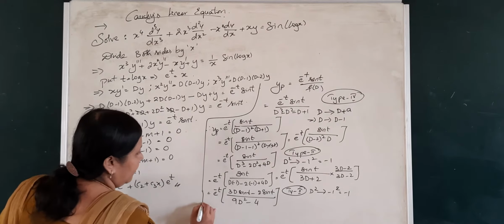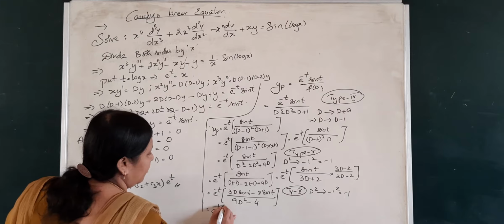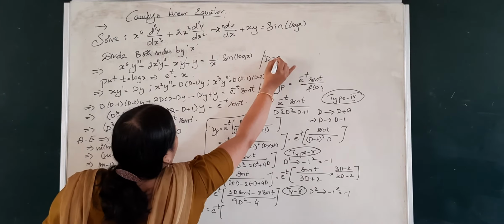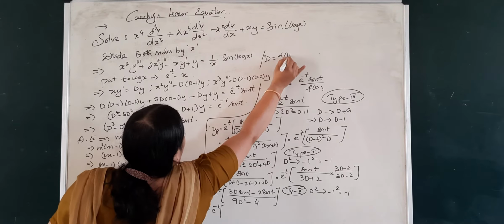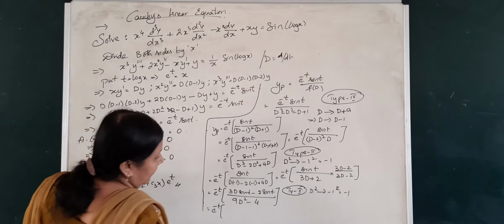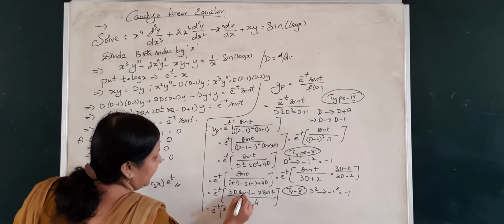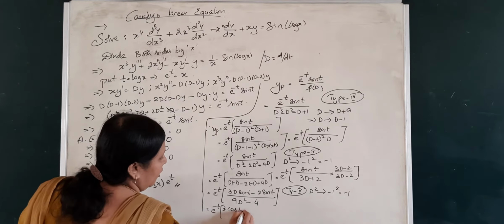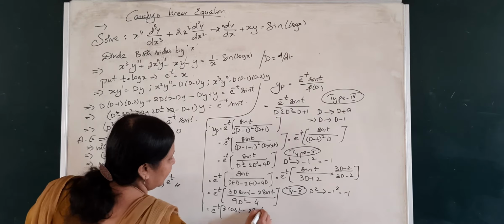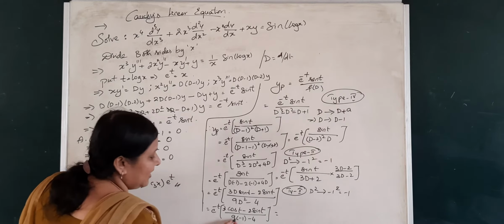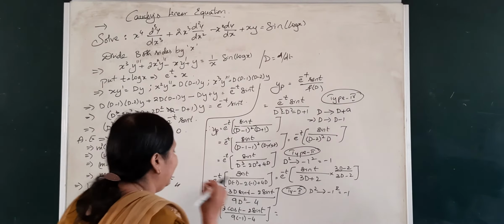Once again here, but at the same time in the numerator I have to differentiate it. Here we should remember always d is equal to d by dt. So differentiating with respect to t, the derivative of sin t is cos t, minus 2 sin t as it is, divided by the denominator, which is going to be minus 9 minus 4, that is minus 13.